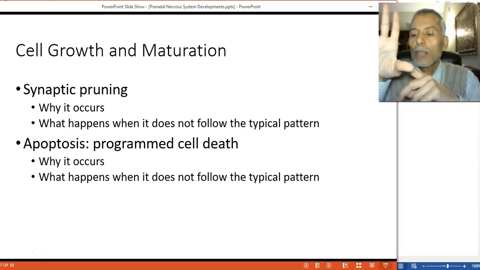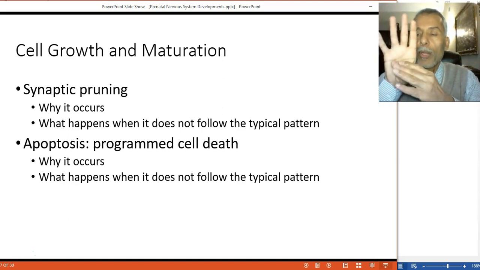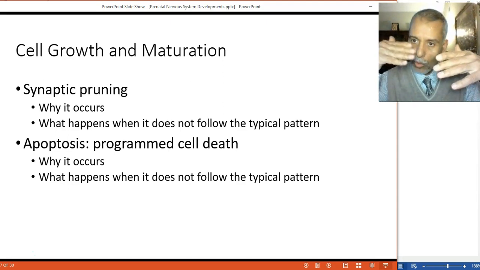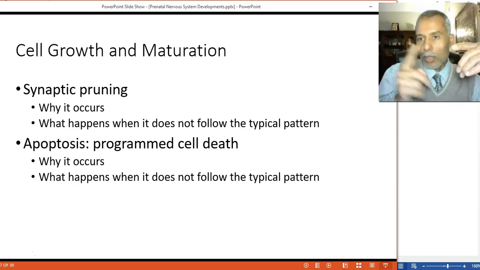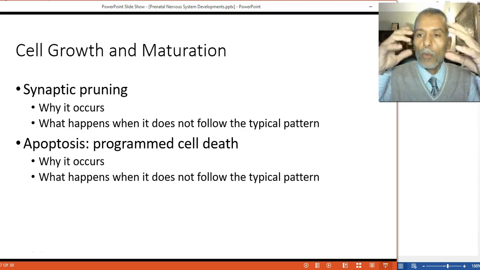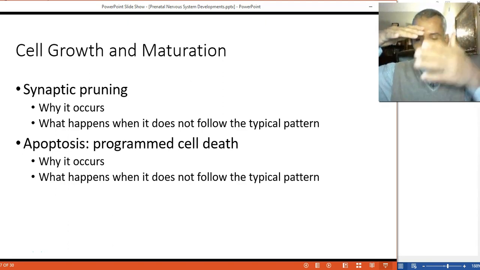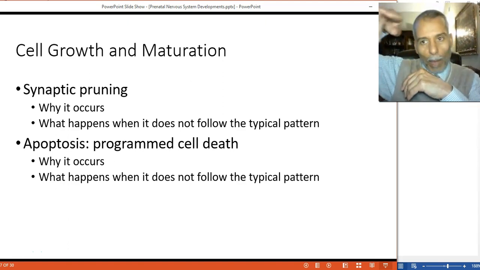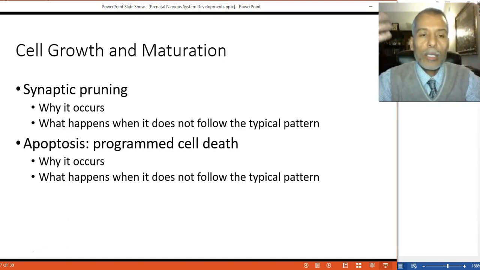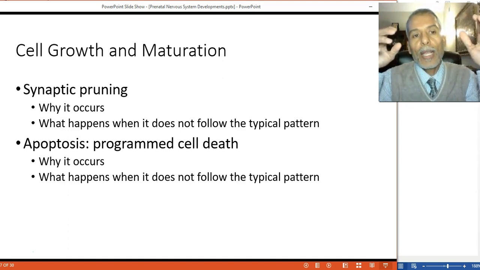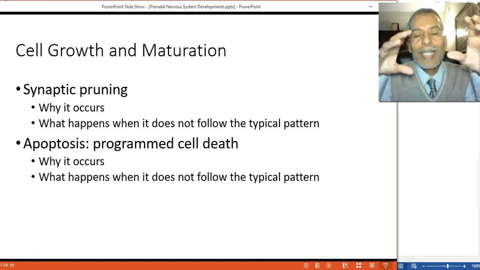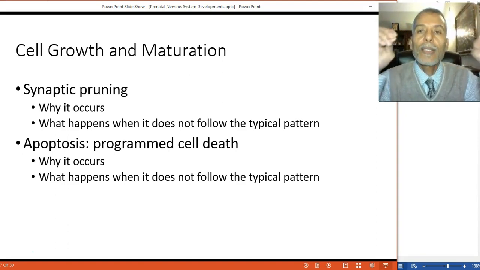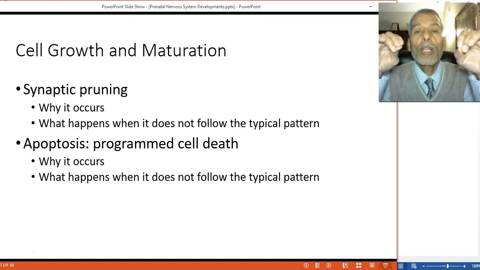These get cut and disassembled, because like a tree, if you want the tree to grow taller, you need to cut the side branches. If you want the tree to become bushy and spread around, you need to cut the top branches. It is exactly the same principle that allows the brain to focus its energy and invest it into things that are working, and to make them work efficiently.